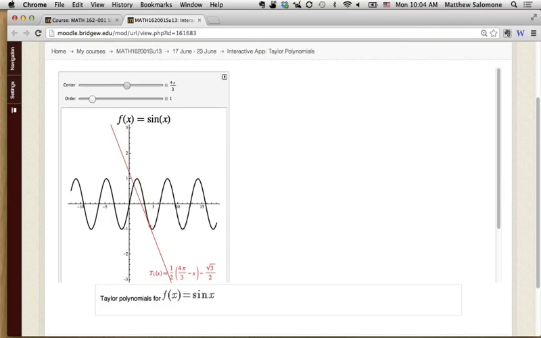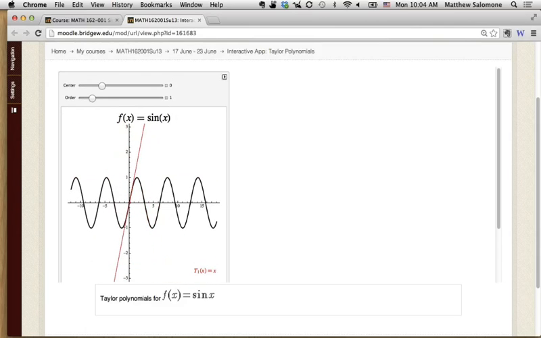And so here are the first order, not Maclaurin anymore, but Taylor polynomials for f of x equals sine x, taken at a variety of different points. Our particular example is taken at the point x equals 0, and the first order polynomial is p of x equals x, the equation for which you can see down at the bottom right.